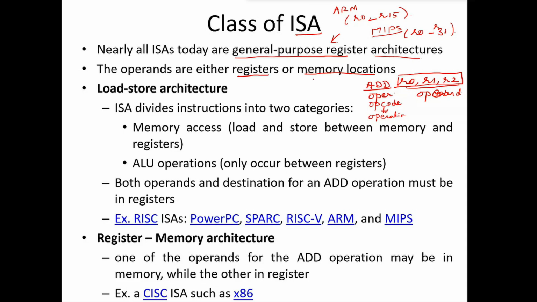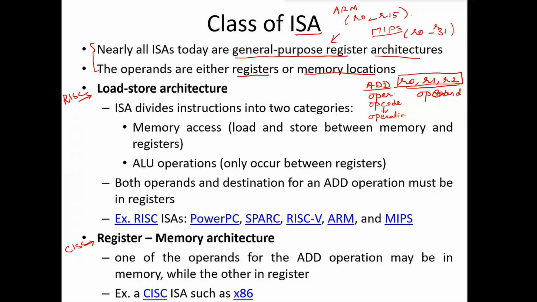This is the general thing. When you go with instruction set architectures, the operands may be either registers or memory locations. Now they are classified into 2 categories. The load store architectures are RISC, and the register-memory architectures are CISC.